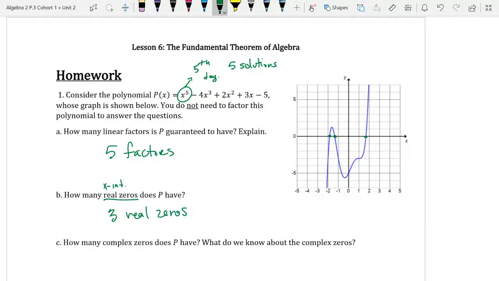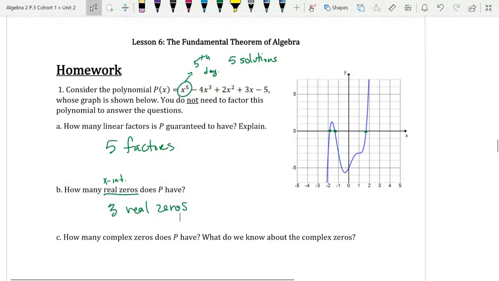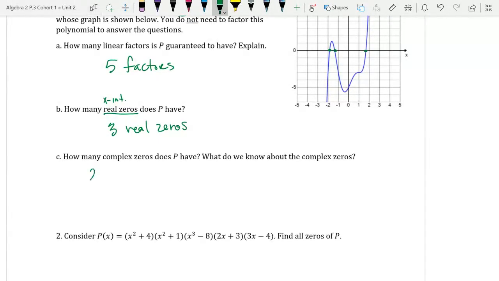They don't even want you to say which ones they are. I just want to know how many. So if there are 5 total zeros or factors and 3 of them are real, that means the other 2 must be complex. So there are going to be 2 complex zeros, because there are 5 total zeros and 3 are real.